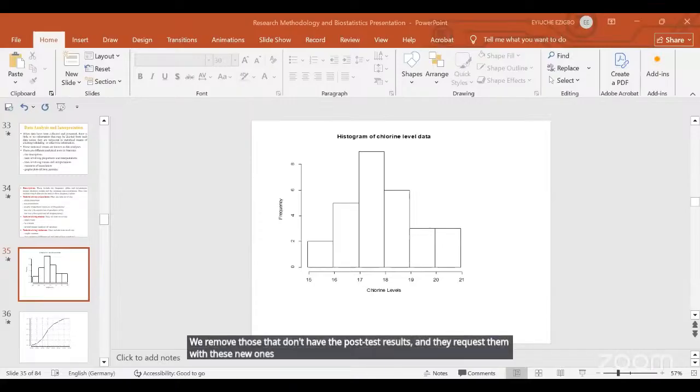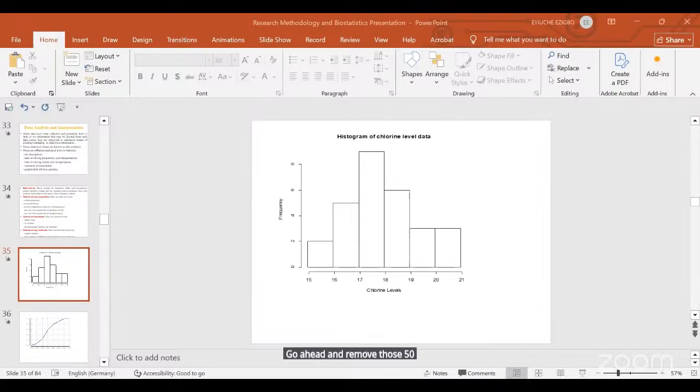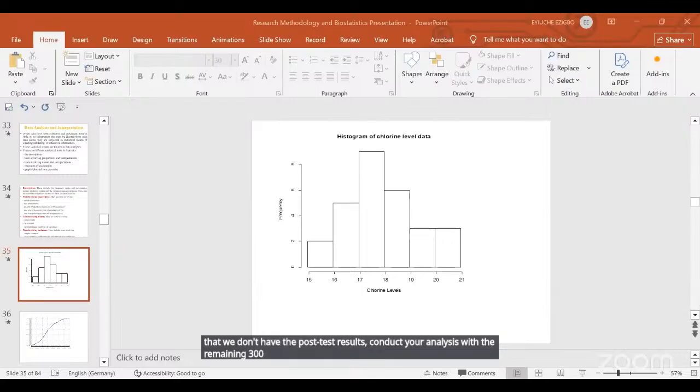That is not what you're expected to do. What are you expected to do? Go and remove those 50 that don't have the post-test results. Conduct your analysis with the remaining 300 and then report it.